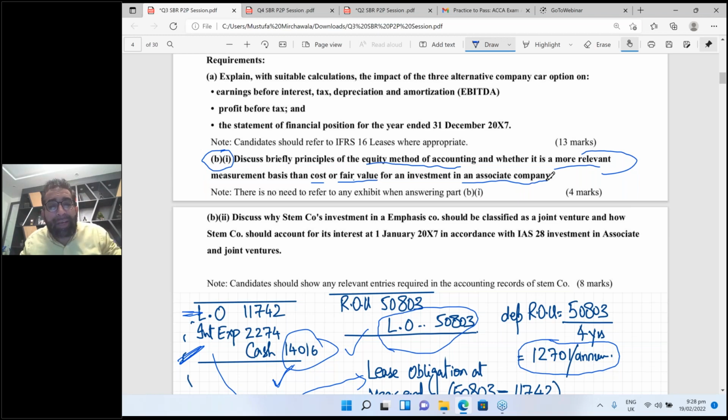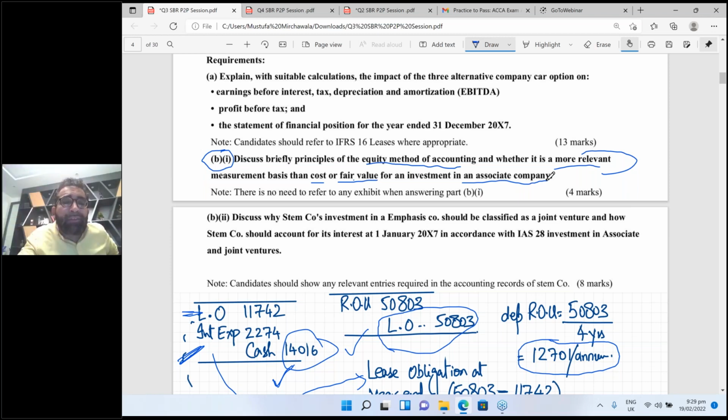Fair value has its advantages and disadvantages as well. If you record it at fair value, meaning stock market value, there is no guarantee that the profits are already recorded in the fair value. But in equity accounting, you properly record the profit share.